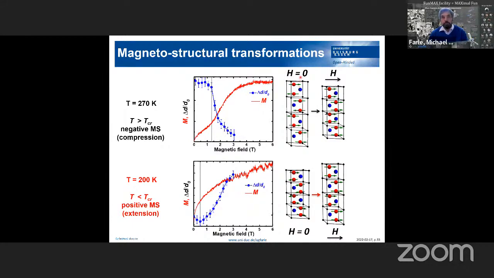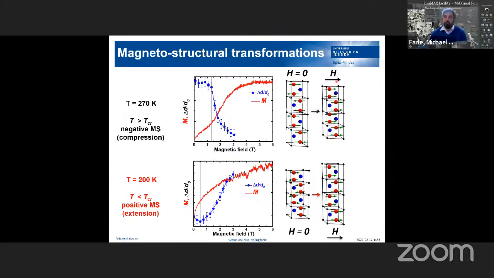In zero field, at this temperature of 270 Kelvin, we have an anti-parallel alignment, but look here: here it's parallel, here it's parallel, and then we have anti-parallel to these below here. So it's a structure with a multiple anti-parallel alignment in zero field.